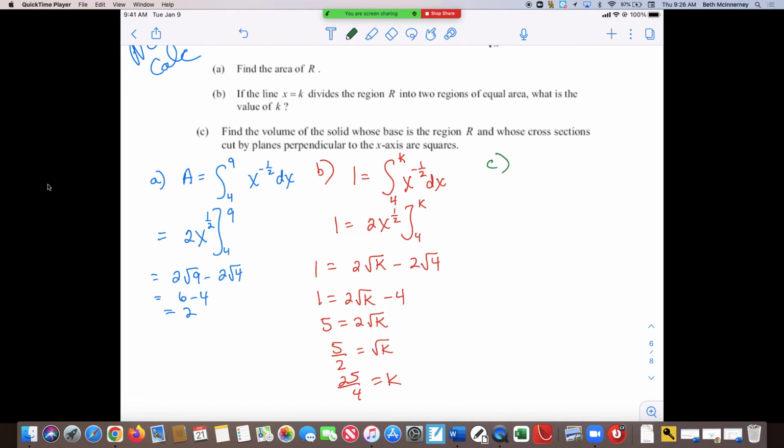See if you can do this. Again, don't touch a calculator. You're going to leave your answer exactly.